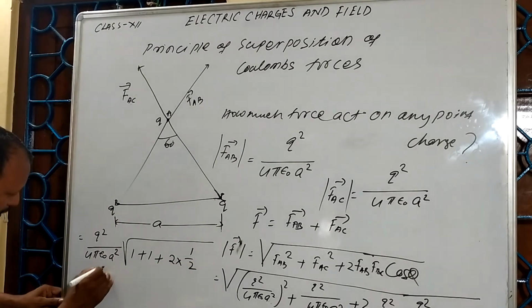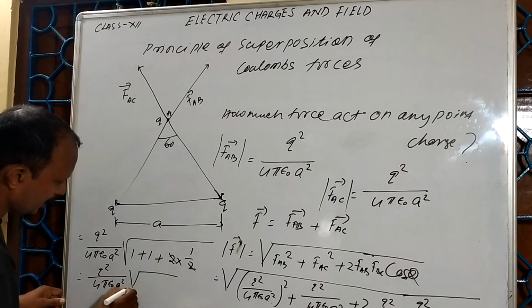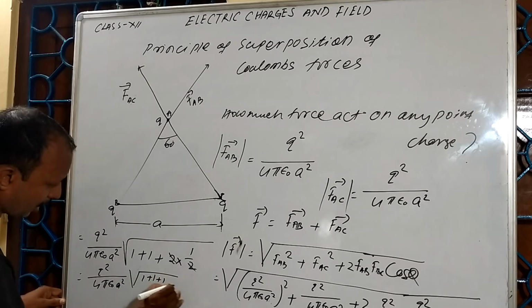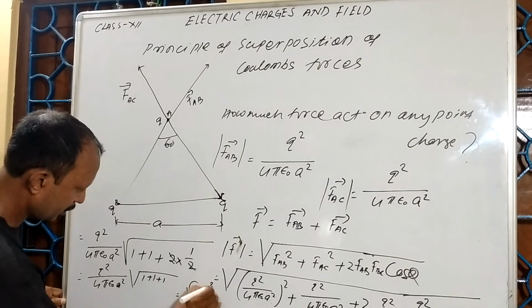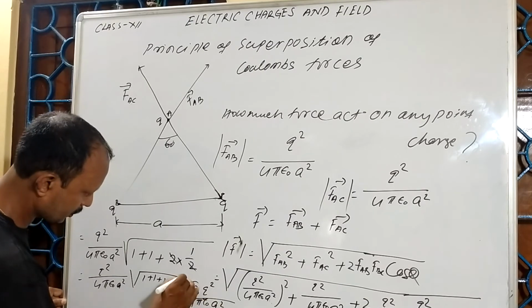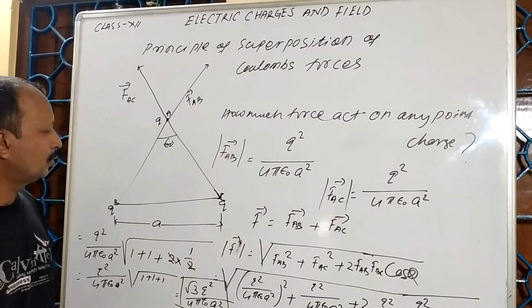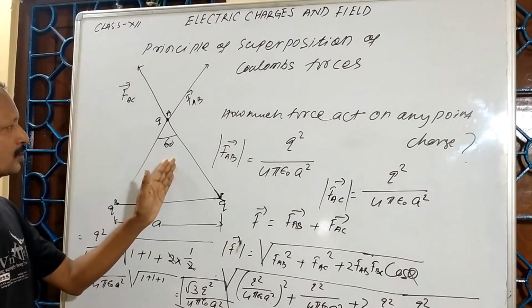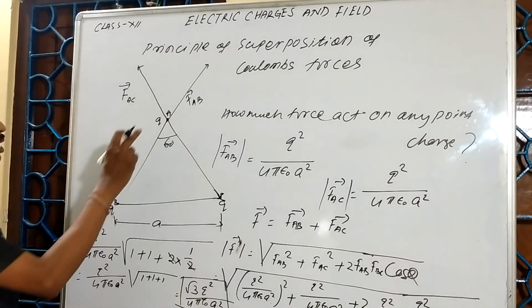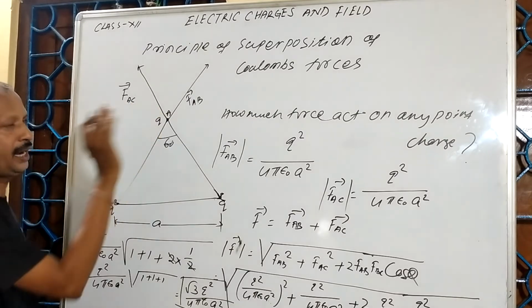So the 2 cancels, this is 1 plus 1 plus 1, or I can write this as root 3 q square upon 4 pi epsilon naught a square. So this is how much net force is acting on the point charge particle present at point A.